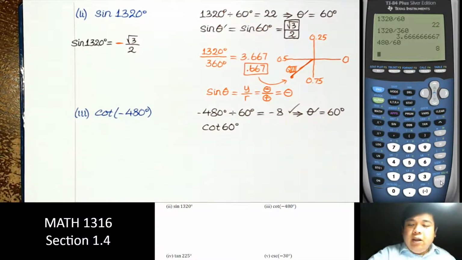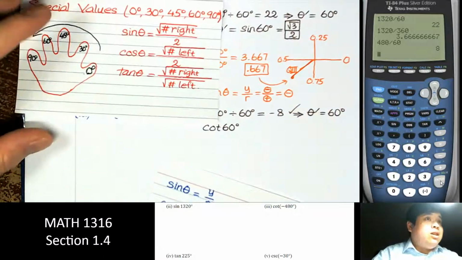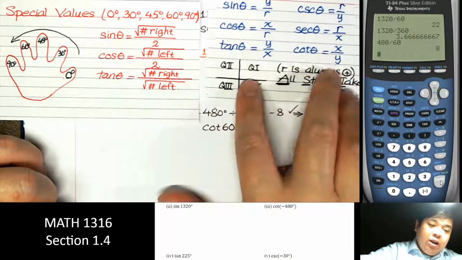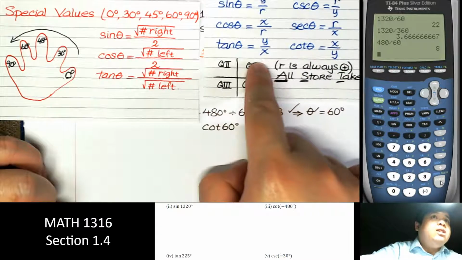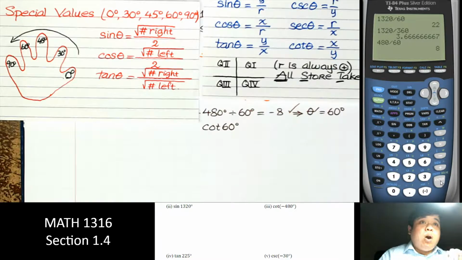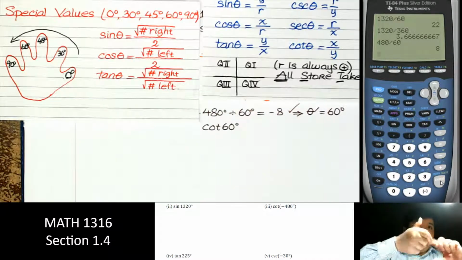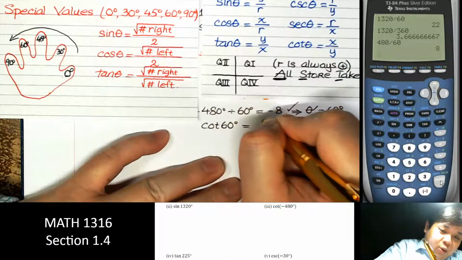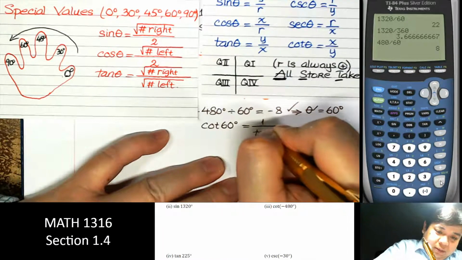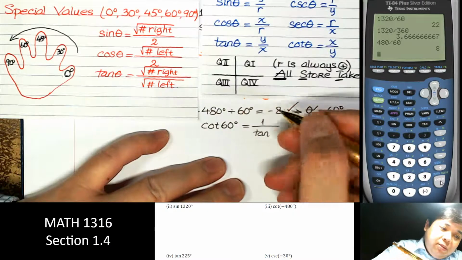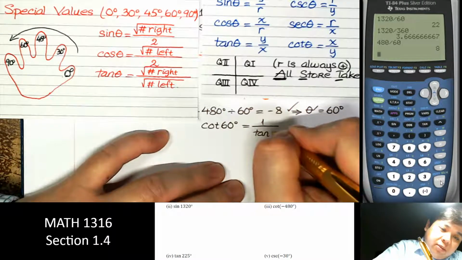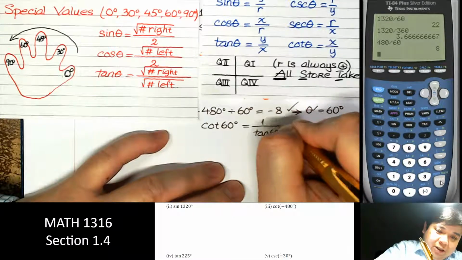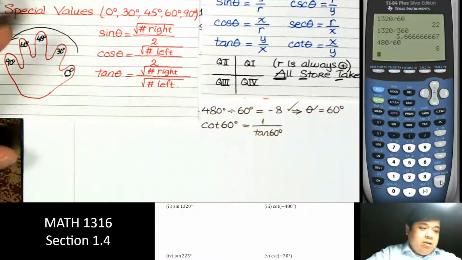Right. Now the hand trick actually doesn't work for cotangent, so we have to use a little more than that. Tangent is y over x, cotangent is x over y. So pretty much what we have for cotangent and tangent, they just flip-flop. So cotangent of 60 degrees is equal to 1 over tangent of 60 degrees.